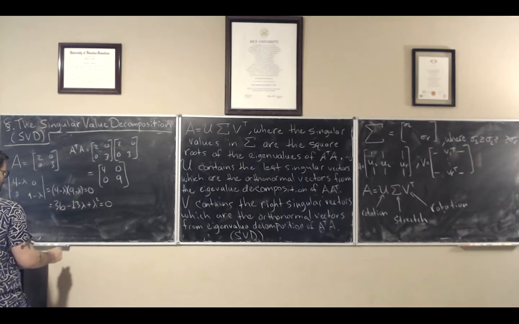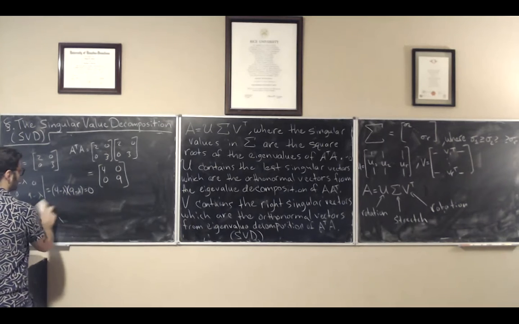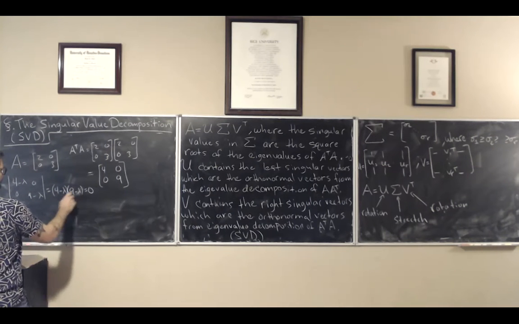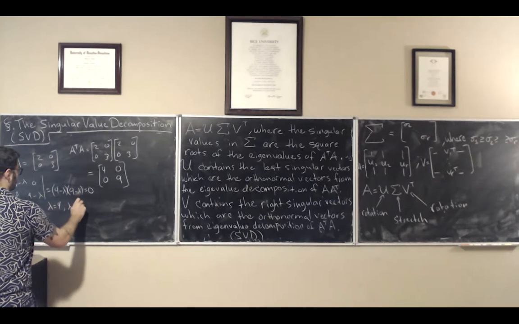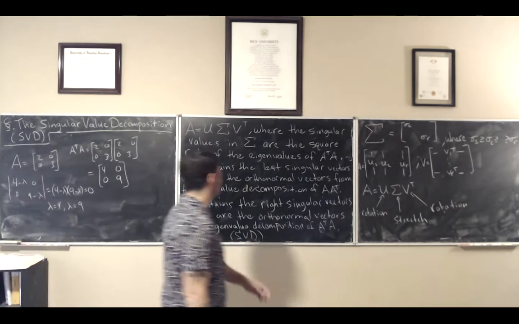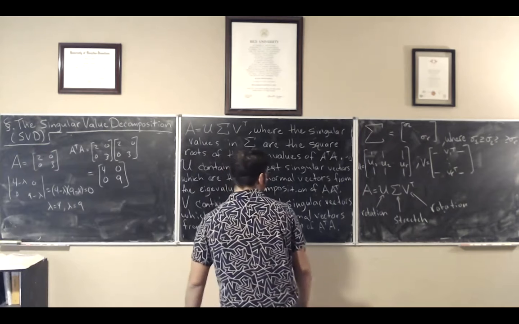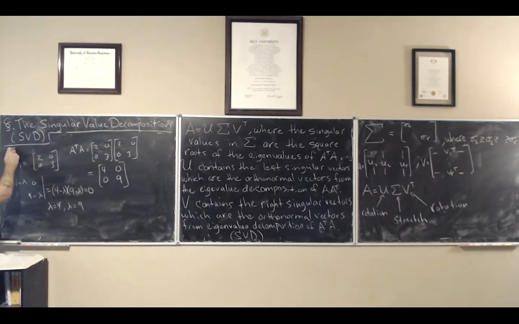So then, oh, what am I doing? Why did I even do that? That's dumb. I wasn't thinking. We can see the lambdas immediately: 4 and 9. Okay. That's why they chose this matrix, because the square roots of those will be the singular values. So we know the singular values immediately. Sigma 1 is going to be the square root of 9, which is 3, and sigma 2 is going to be the square root of 4, which is 2.